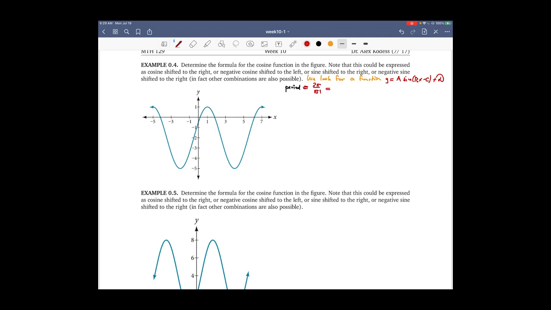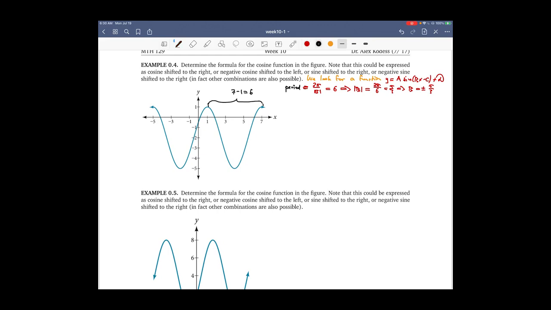On the other hand, the distance between two consecutive maxima, for instance, seems to be 6. And so absolute value of b here is 2 pi over 6, which is pi over 3. And therefore b is positive or negative pi over 3.